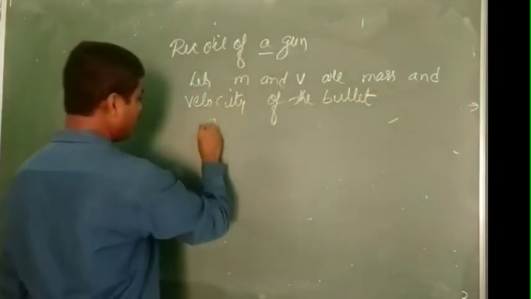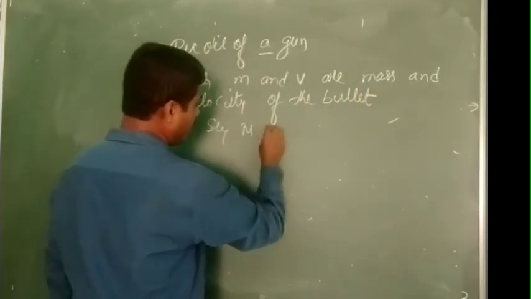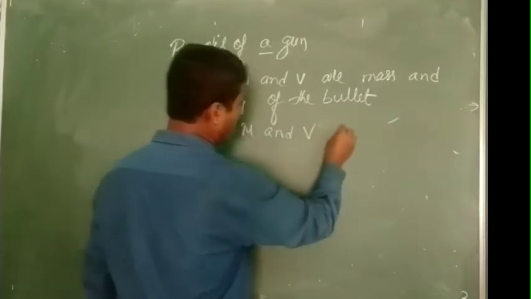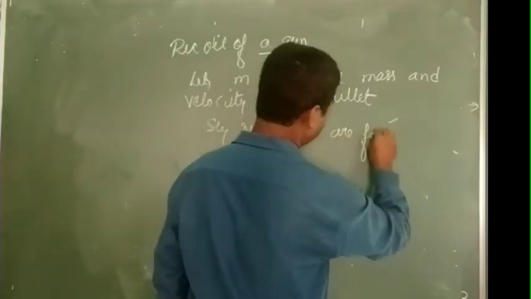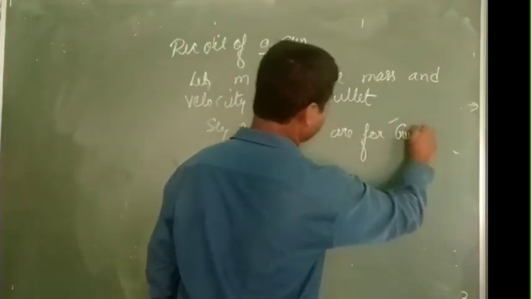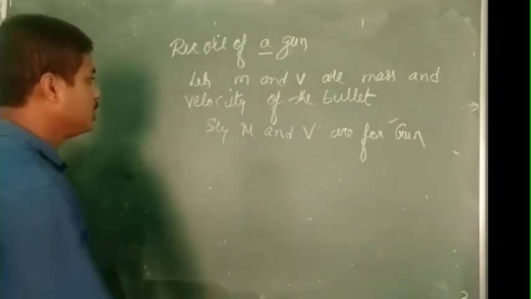Similarly, capital M and capital V are for the gun.